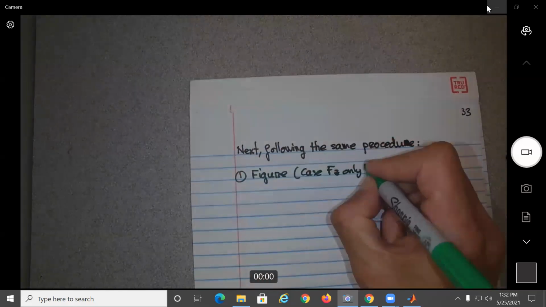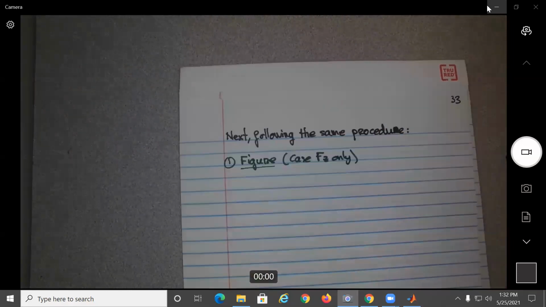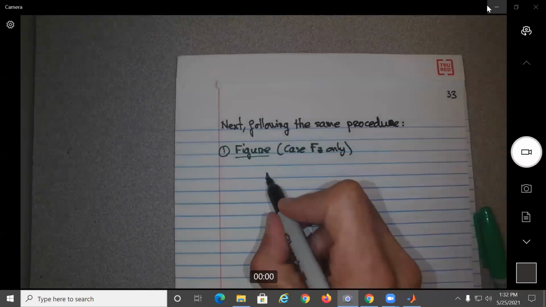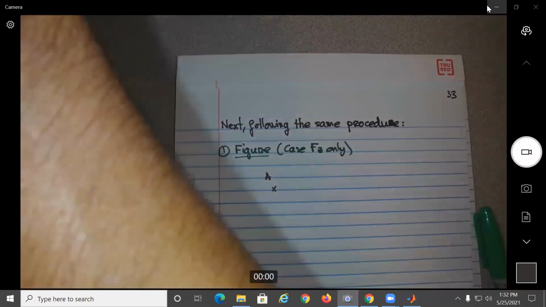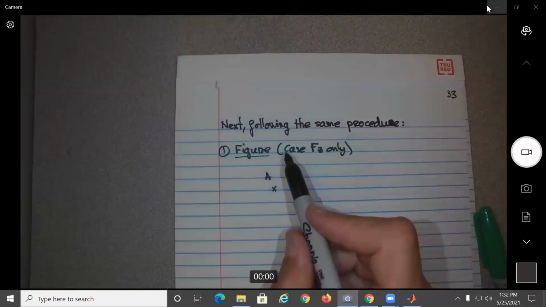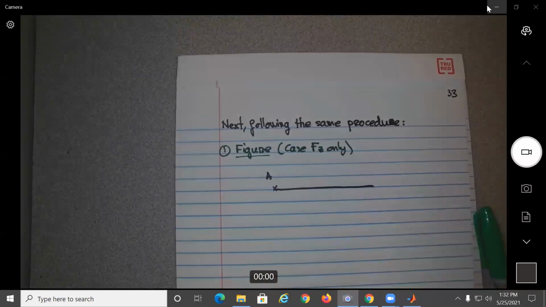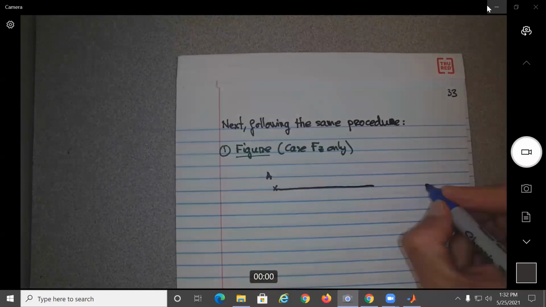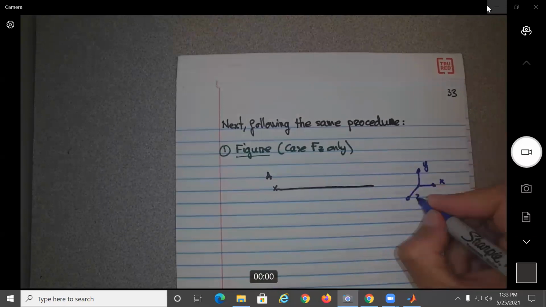So basically it's going to be almost identical. Let's say we're going to have point A over here. I'll do the free body. This is our beam, but now we have X, Y, and Z.